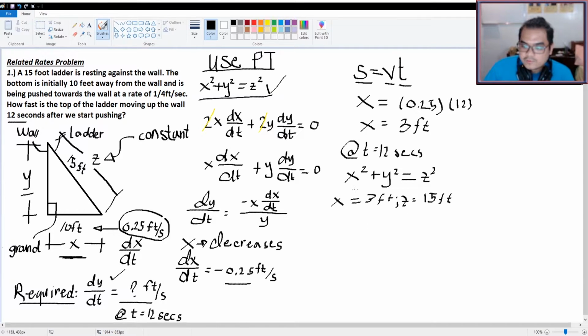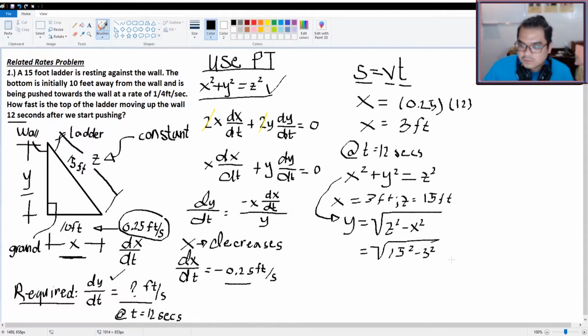From the Pythagorean theorem, isolating y, you'll have the square root of z squared minus x squared. Therefore, 15 squared minus 3 squared.